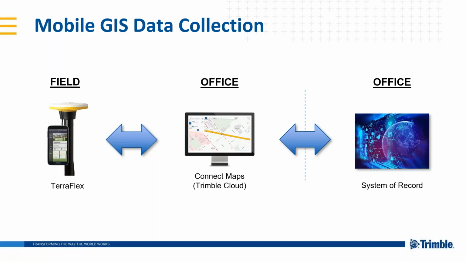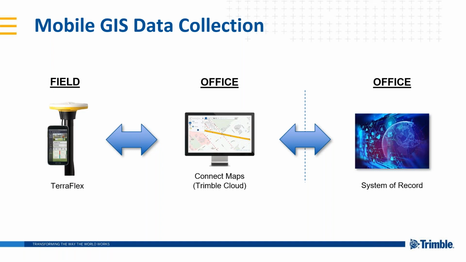So now that we have our field solution understood in terms of the accuracy that we can use, and we know what mobile devices we can use, and the TerraFlex software that runs on it, of course, this slide shows sort of an overview of the workflow, or how the data flows from the different components. So we have our device with our TerraFlex software, and in this case, we do have an external GPS capability on the system on the left as well.